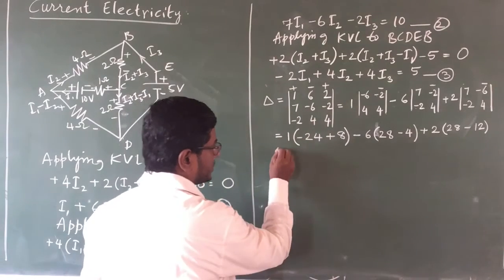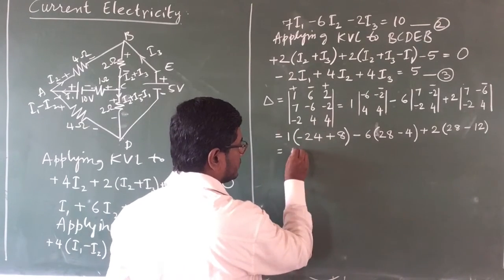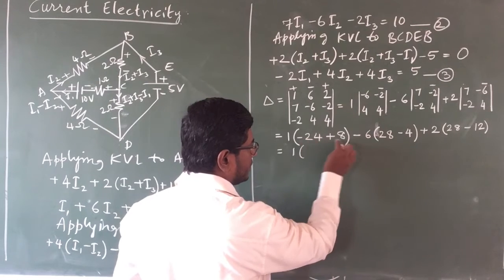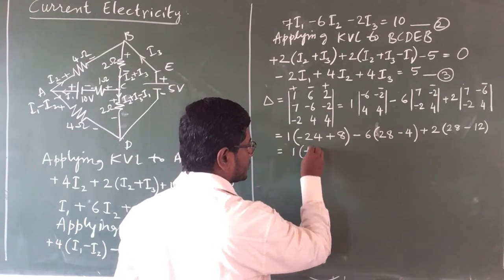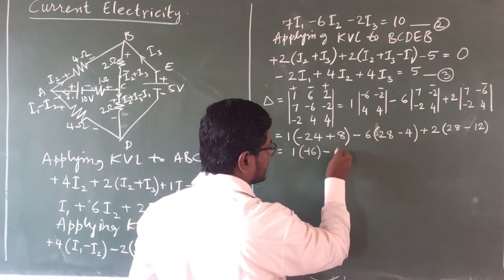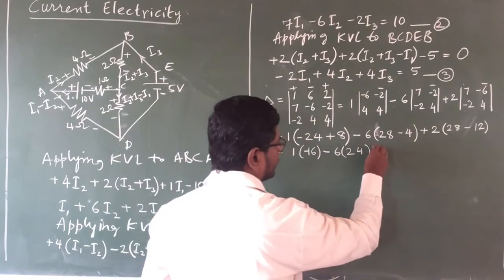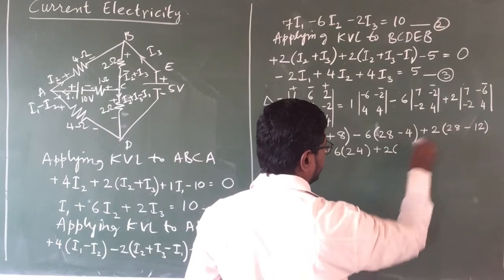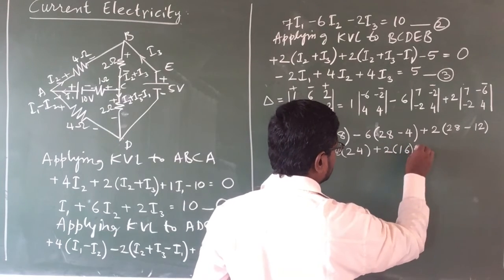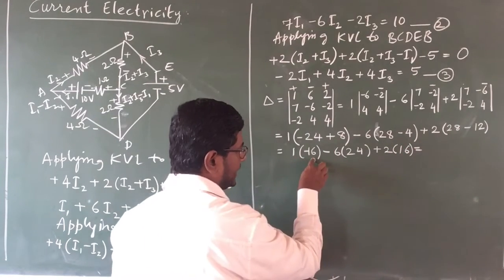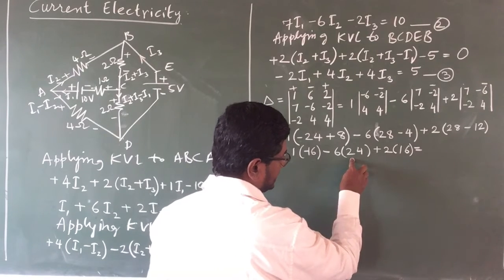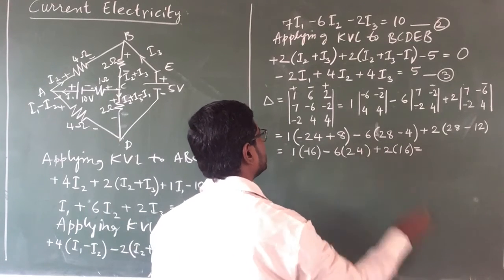So next step, 1 into minus 24 plus 8 is going to give me minus 16, minus 6 into 28 minus 4 gives me 24, plus 2 into 28 minus 12, that gives me 16. So this should give me minus 16, minus 6 into 24 gives me, I think, 144.